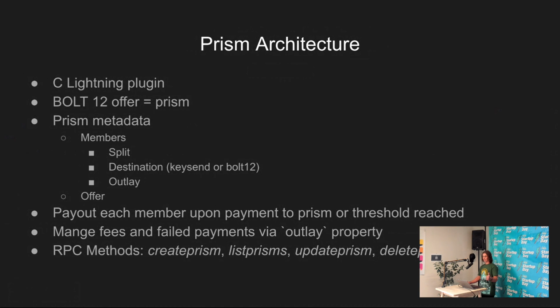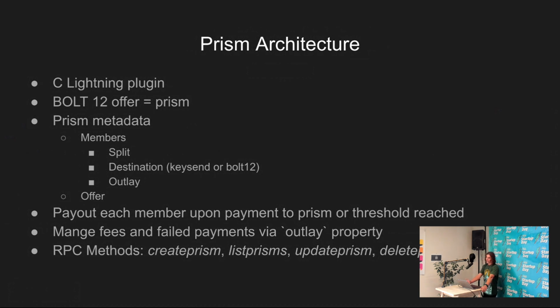Each member gets a split, a destination, and an outlay. The split we define as an integer between 0 and 1,000. So say in our example where Carol had 25%, Dave had 50%, and Aaron had 25%, that could be represented as just 1, 2, 1, and then that gets normalized into a percentage.